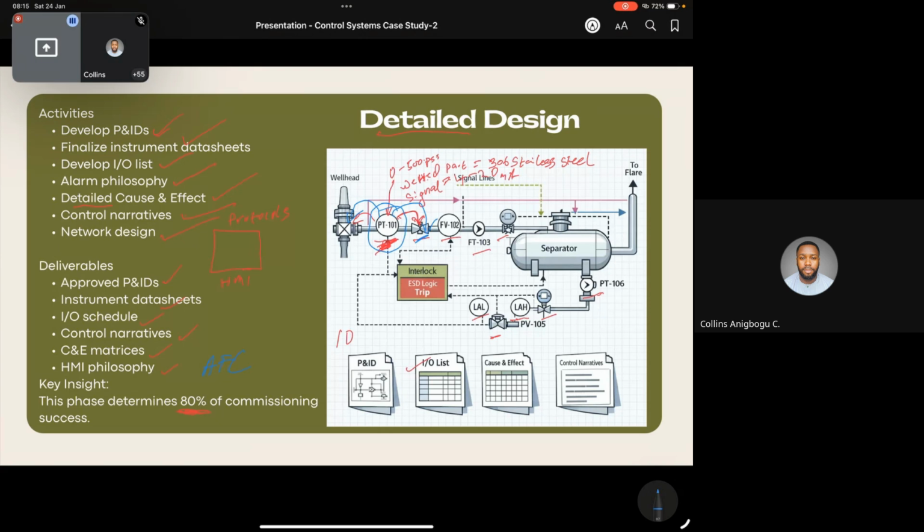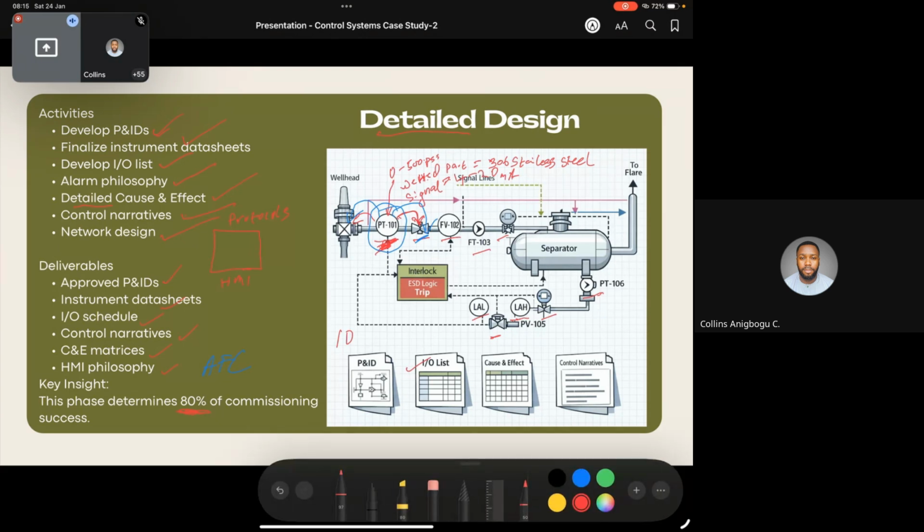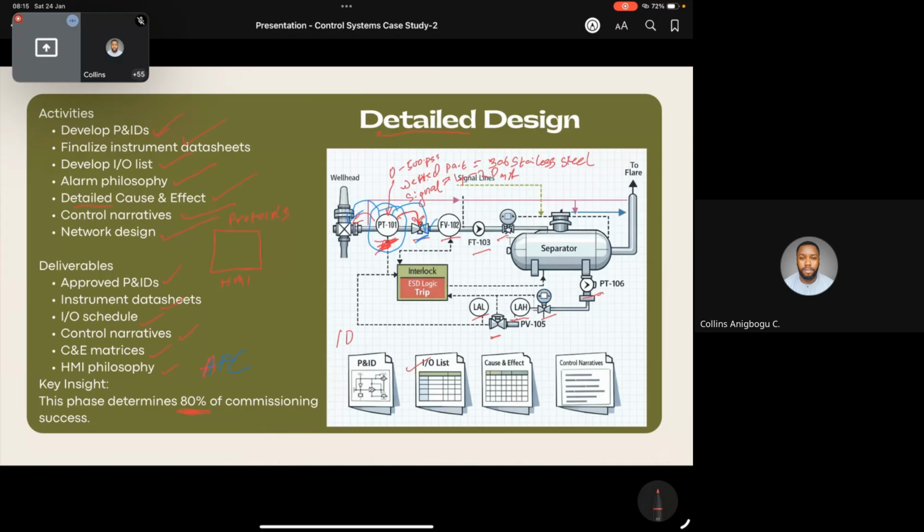So that is actually the final set of documents that you get, AFC. So these deliverables here equal AFC actually. AFC is approved for construction.